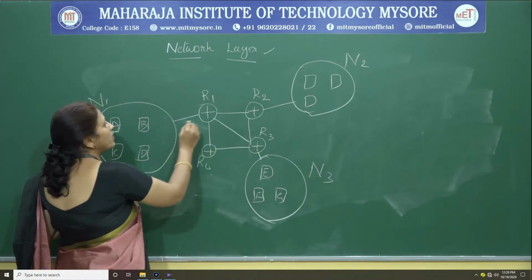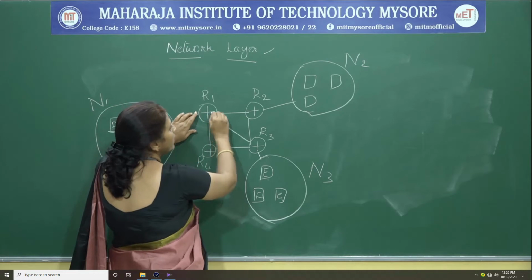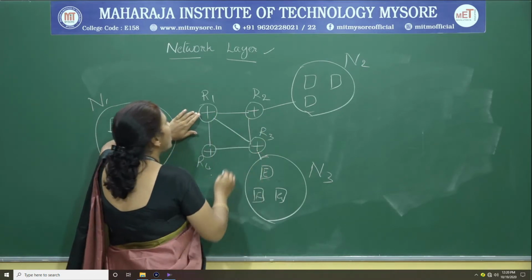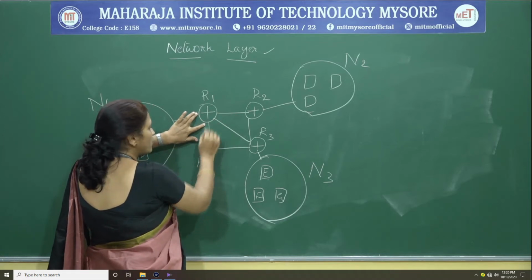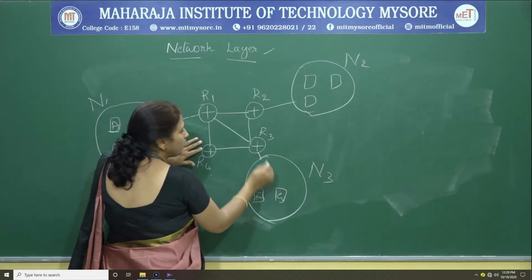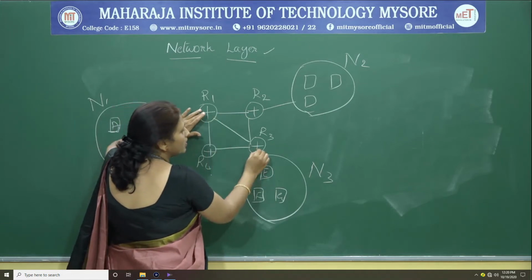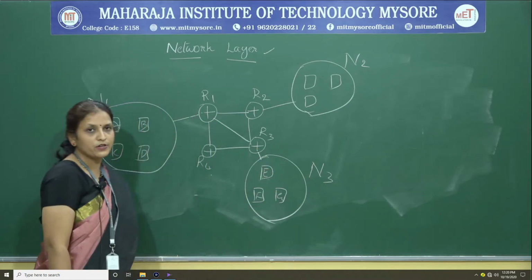If you observe here, from R1 it can take R2, R3 and then go to the respective host, or it can take R1 to R4 and then R3 and then to the host, or it can go to R1 and then R3 to the respective host.